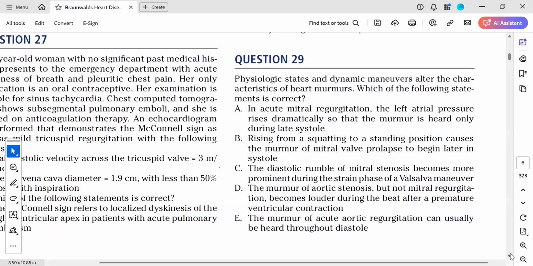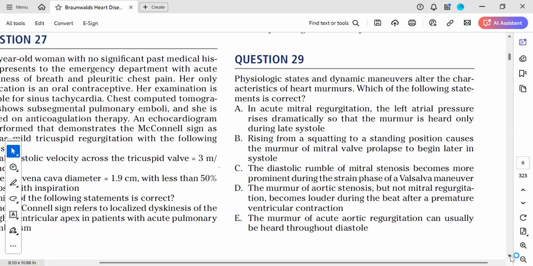Now, just to remind us about the usual dynamic changes that you see with auscultation. Usually, the right-sided murmurs increase with inspiration, except for the pulmonary ejection sounds, whereas the left-sided murmurs increase with expiration.